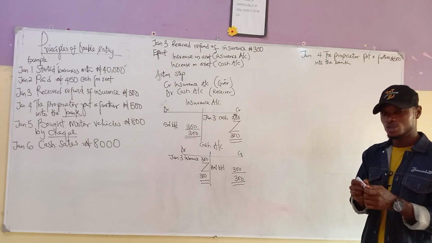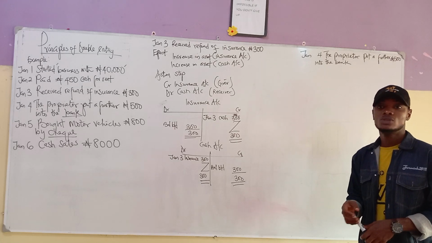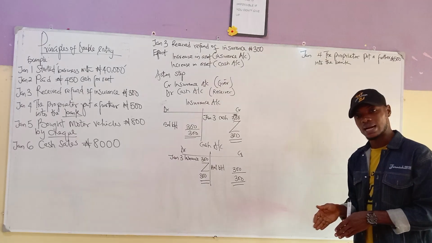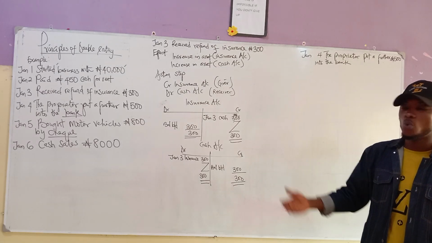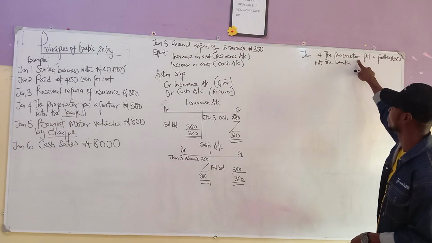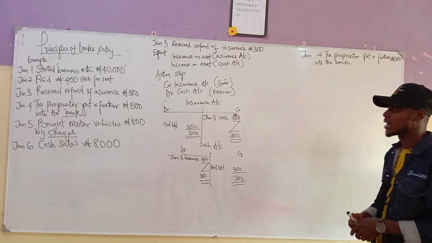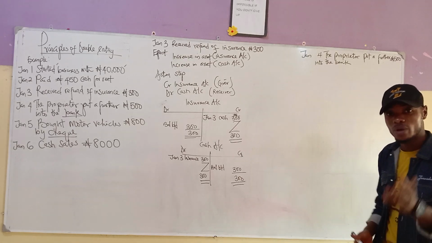Because it's introducing more money into the business, the proprietor, the owner of a school, is introducing more money into the business account in order for them to use the money to produce or to make more wealth. So that becomes our capital. Meaning that we are having an increase in our capital, and also our assets, which is the bank, is also increasing.